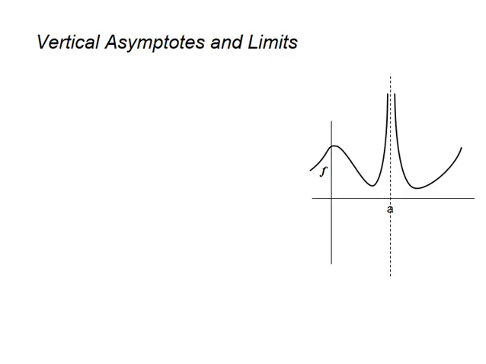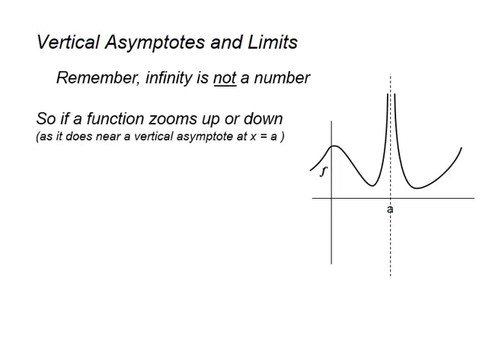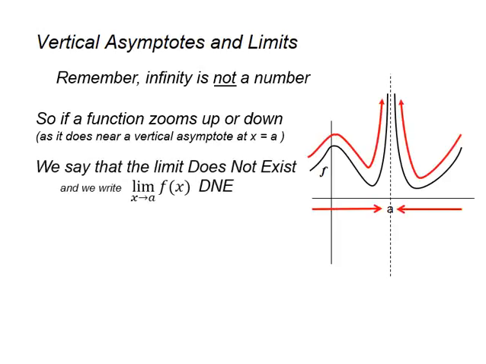Vertical asymptotes and limits. Remember, infinity is not a number. So if a function zooms up or down, as it does near a vertical asymptote at x equals a, we say that the limit does not exist, and we write the limit as x goes to a of f of x does not exist, DNE.